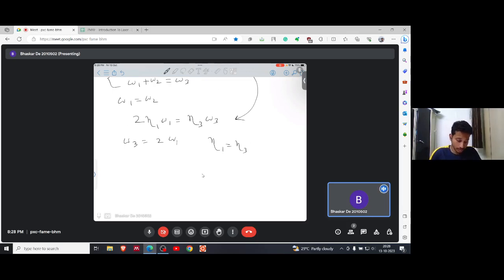Now the problem with that is this condition is not achievable because the refractive index is dependent on the wavelength. So here the wavelength is being halved, so how can the refractive index be equal?